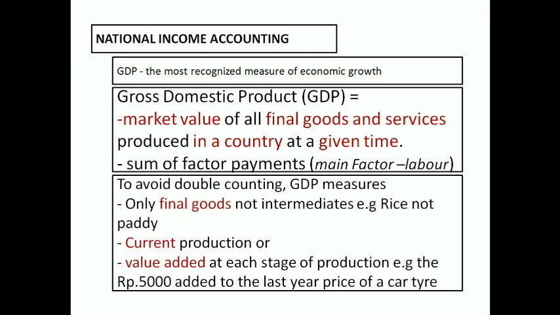It is important to avoid double counting in GDP, so only final goods are measured, for example rice, not paddy. It also measures current production or the value added at each stage of production.